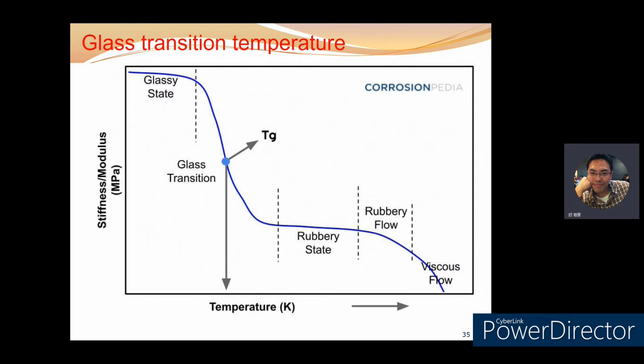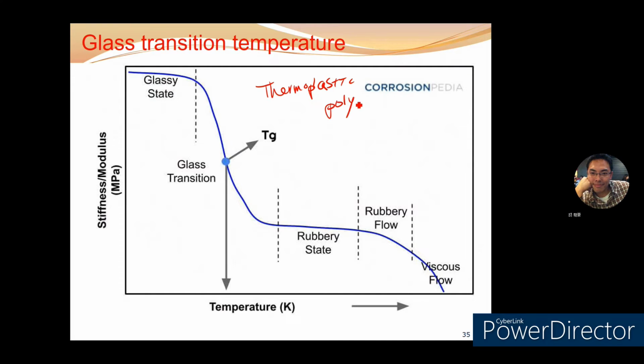So look at this curve of Young's modulus versus temperature. This is only for a thermoplastic polymer. Let's say at room temperature, in the very beginning, this thermoplastic polymer is in the glassy state. That means it's a solid, it's hard.